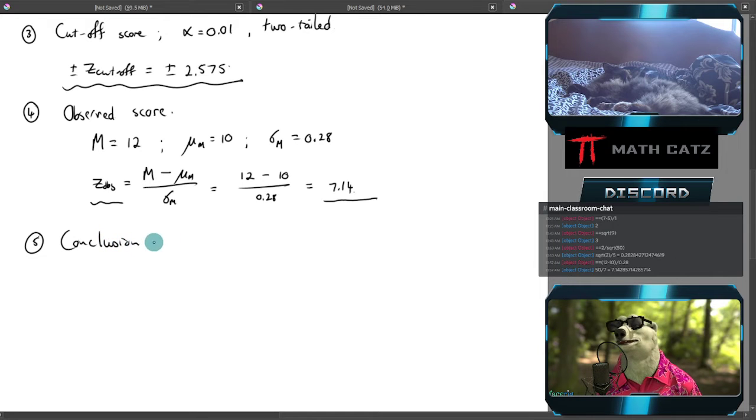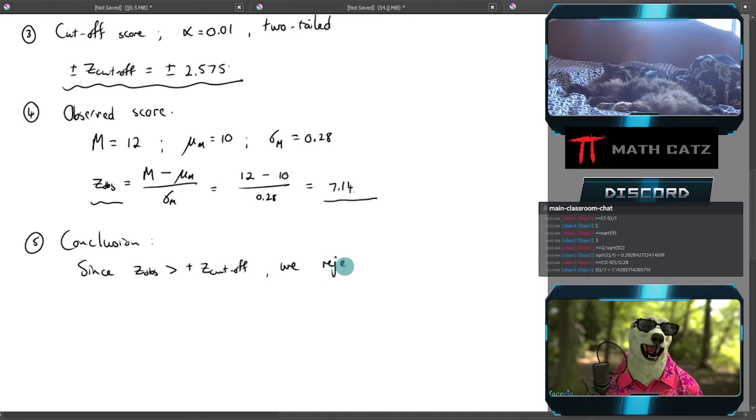conclusion. Now you can phrase this in many ways. I'll say here, since the observed z-score is greater than, in this case, the positive cutoff z-score, could have been either side, we reject the null hypothesis in favor of the research hypothesis and conclude that the evidence is strong enough.